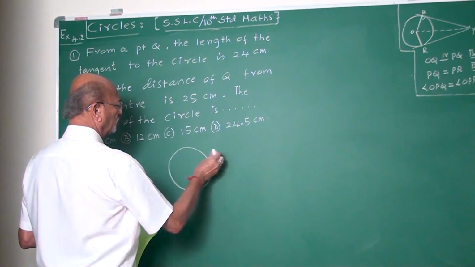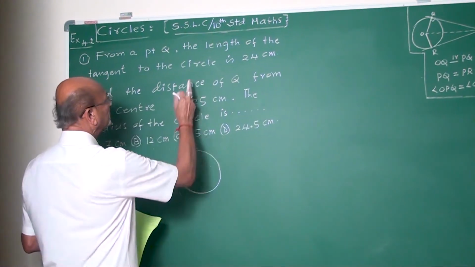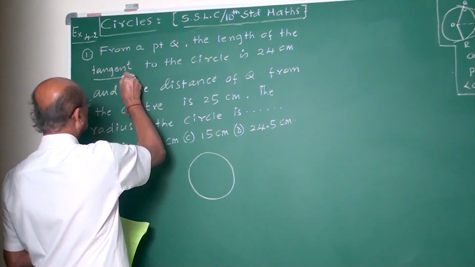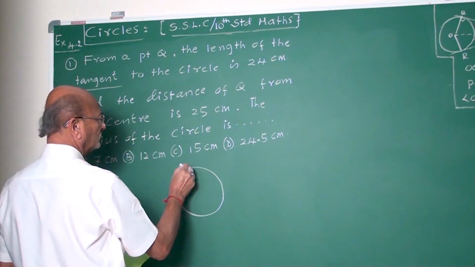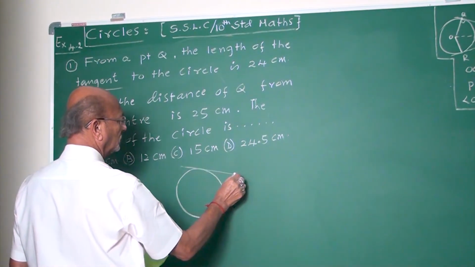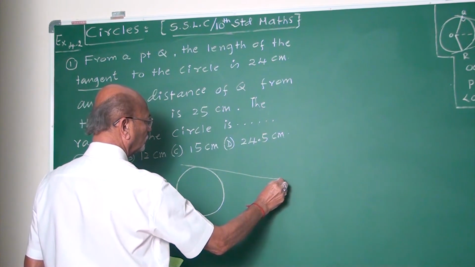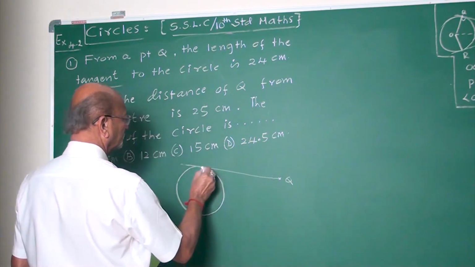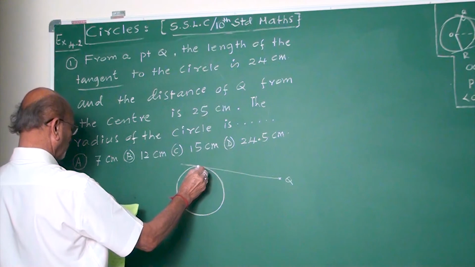This is the point Q. The tangent is drawn from the point Q. This tangent touches the circle at the point P.